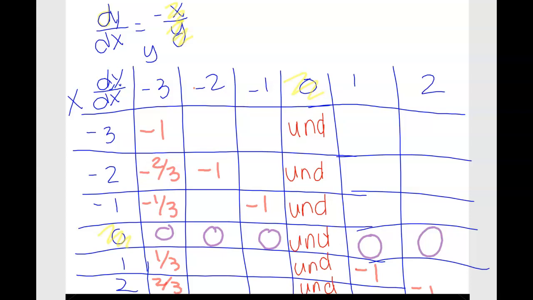So then conversely, in my table, when you have negative 1 and 1, that's going to be positive 1. And I have negative 2 and 2, positive 1. Do you kind of see the pattern?